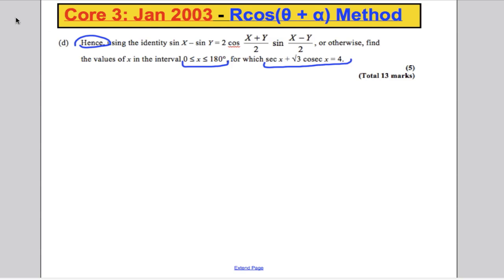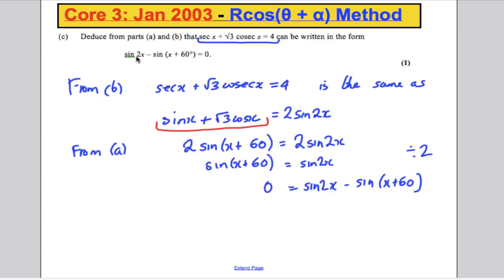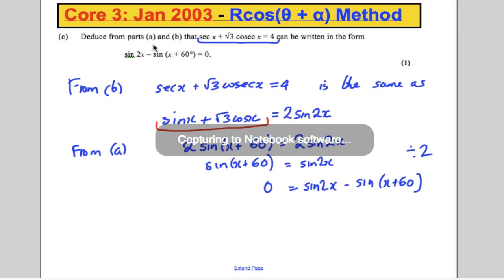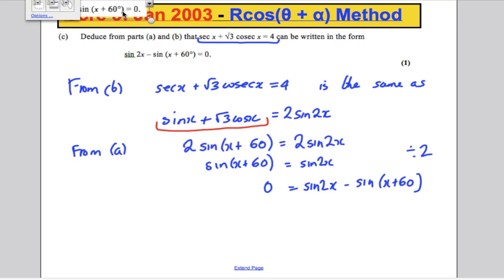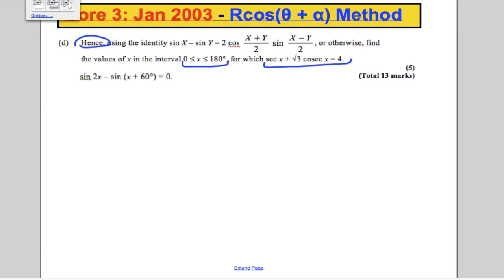This thing here is equivalent to this statement here, so I'm actually just going to copy this. I know from part C the following. Solving this here is the same as solving that.